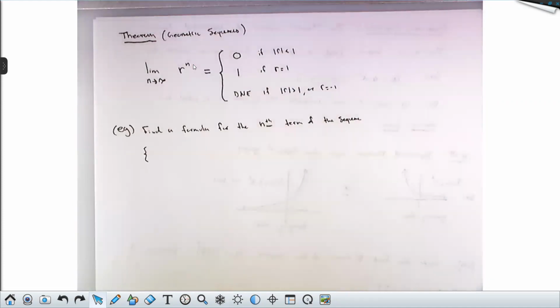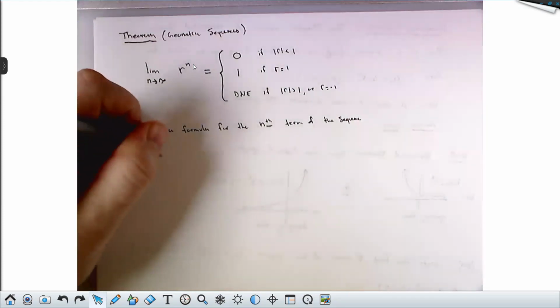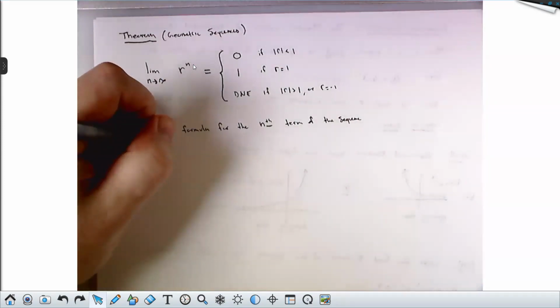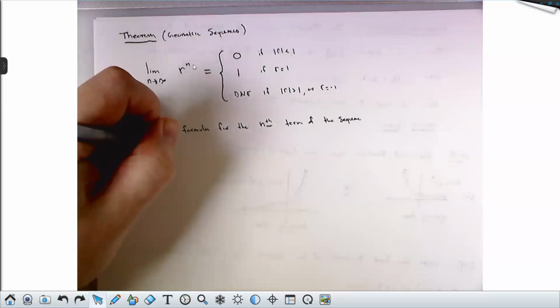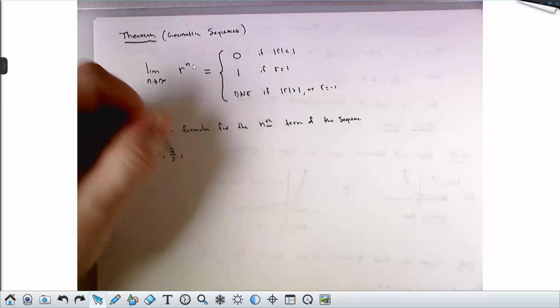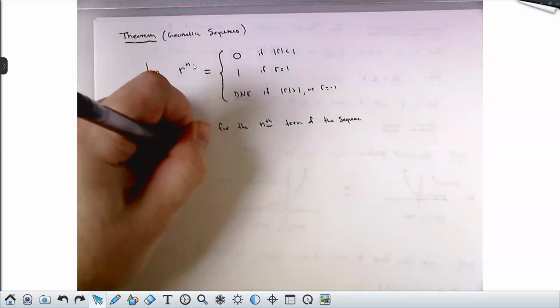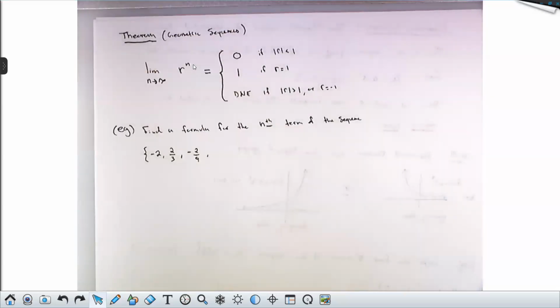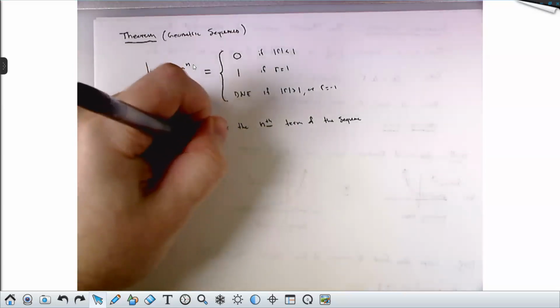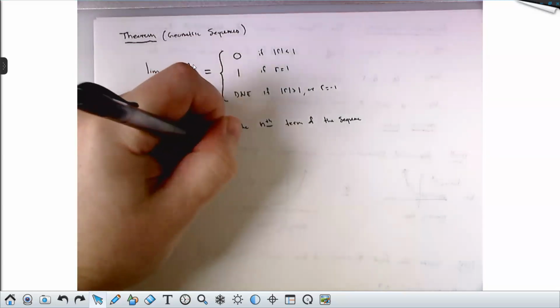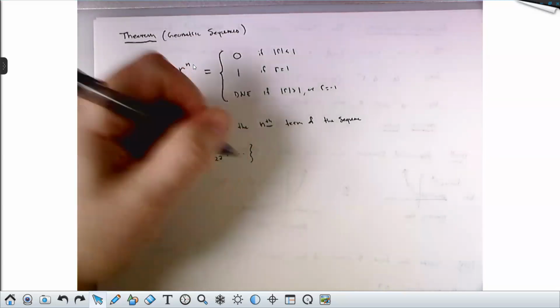And I'm just going to list some terms here. -2, positive 2/3, -2/9, positive 2/27. That's enough. You can figure it out from that, and so on.